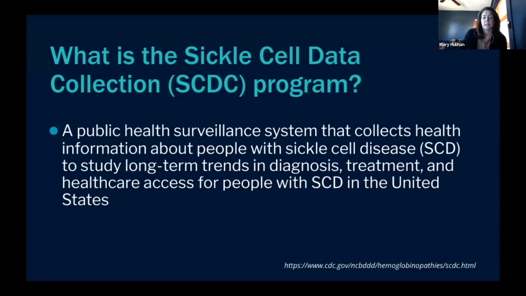And I want to emphasize that the goal of SCDC, which is a little different than a lot of other data collection efforts, is to include all individuals with sickle cell disease in the system. That means it doesn't matter their age, what type of insurance, what their disease severity looks like, or where they receive their health care, but really to include all individuals with sickle cell disease to better understand their diagnosis, treatment, and healthcare access. Next slide, please.